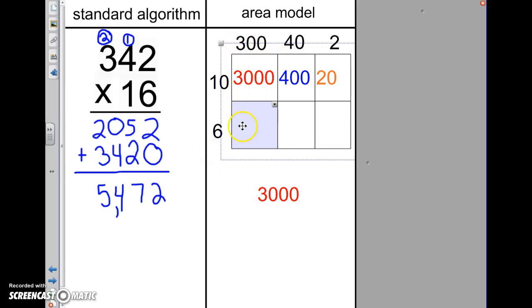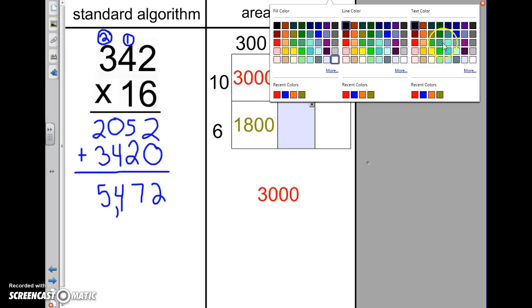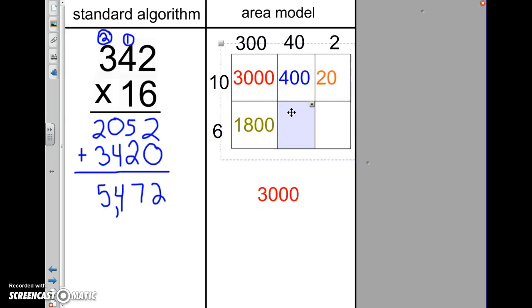So 3 times 6 is 18. Whoops, sorry about that. 18, and then again the 300 here moves that 3 over 2 place values, so we move that 18 over 2 place values, and we have 1800. Then for this section, 40 times 6. 4 times 6 is 24, and one of the factors has a 0 in the ones place, so there's 1 zero there.